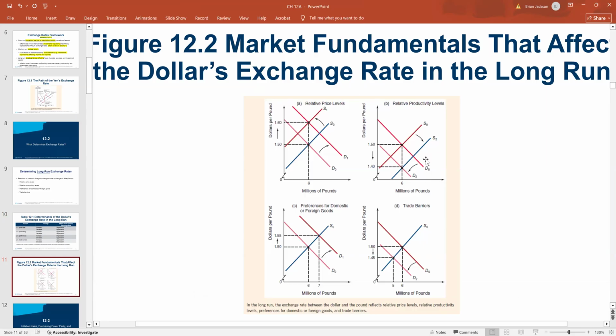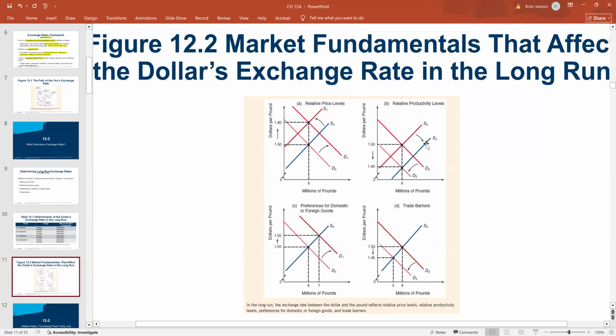Okay, so again, if Americans are becoming more productive than our British citizens, then there's a smaller demand for the British pound. So there's a leftward demand shift for pounds. And there's more, though, British citizens want to buy American goods. So they're supplying pounds on the Forex market.